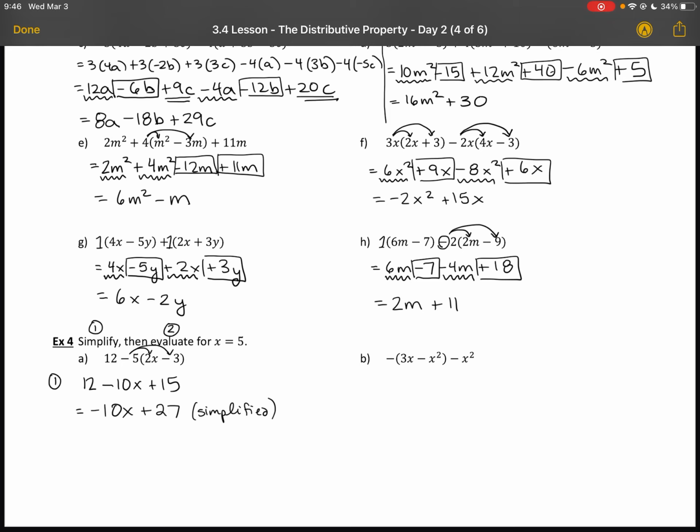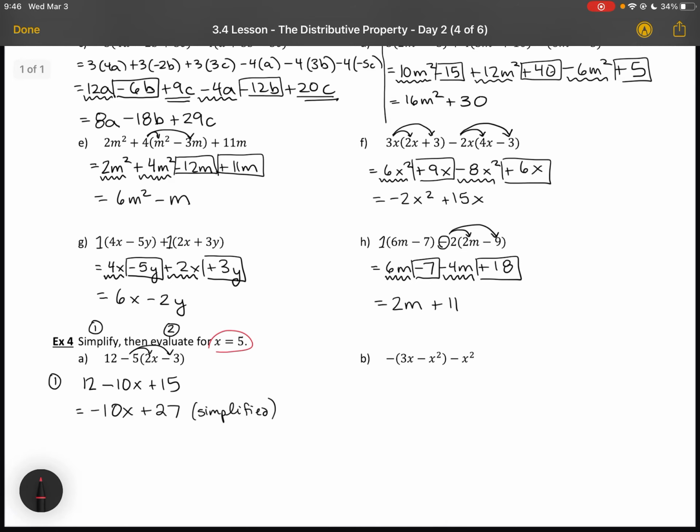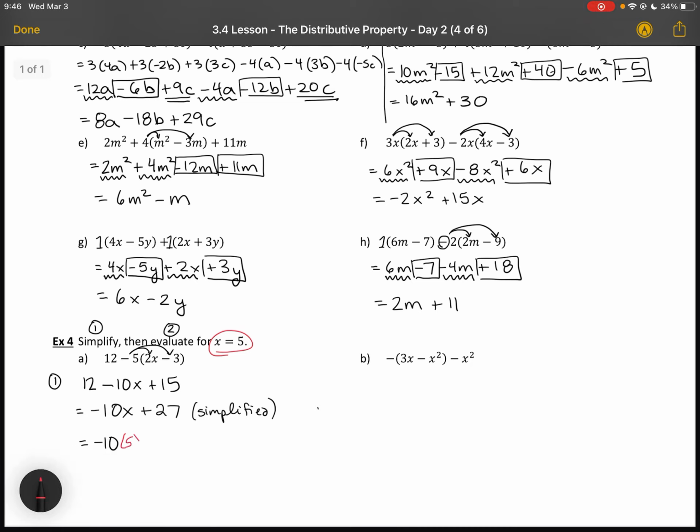My next step is going to be to substitute. So I'm going to take x equals 5. And I am going to replace that where I have an x in my equation. So right here beside the 10. Now I'm going to evaluate that expression.